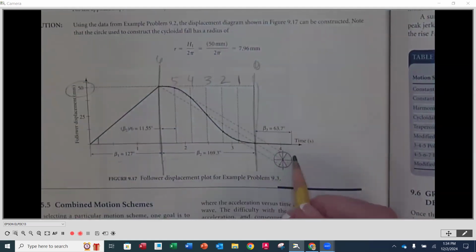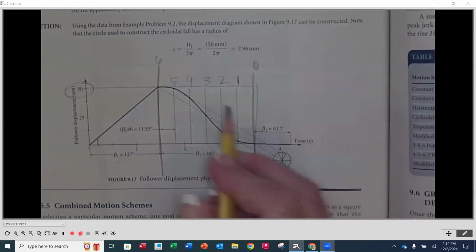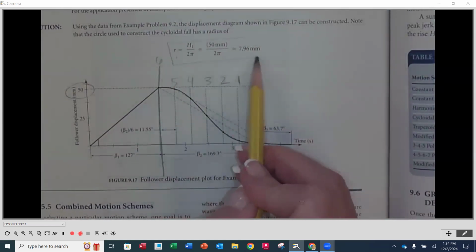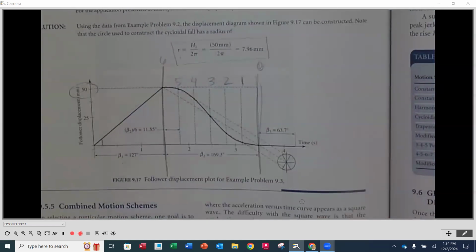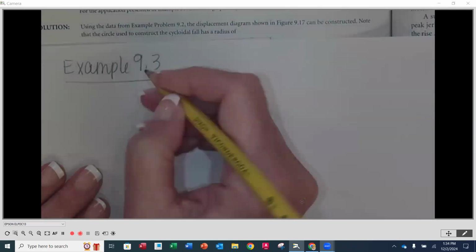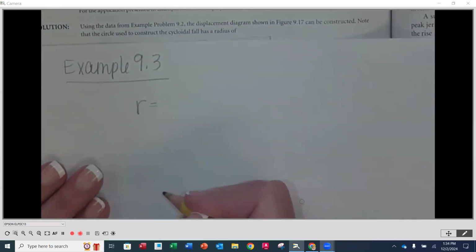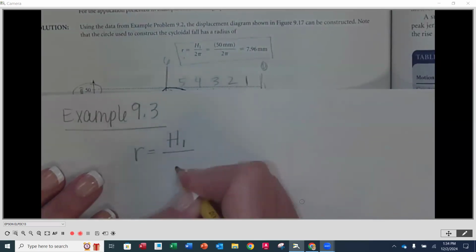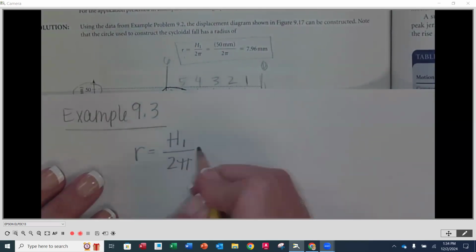So now down here, our cycloidal motion, the radius of that circle is this equation right here. The only thing you need to show me here is this equation. Example 9.3. Our radius for our cycloidal motion is going to be h1 divided by 2 pi.